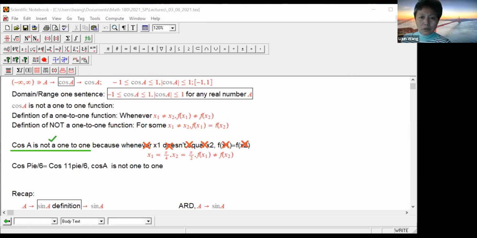Now, Kyle says whenever x1 is not equal to x2, f of 0 equals 1 and f of 2 pi equals 1 should not be the same. Well, your example is not a whenever case, right?